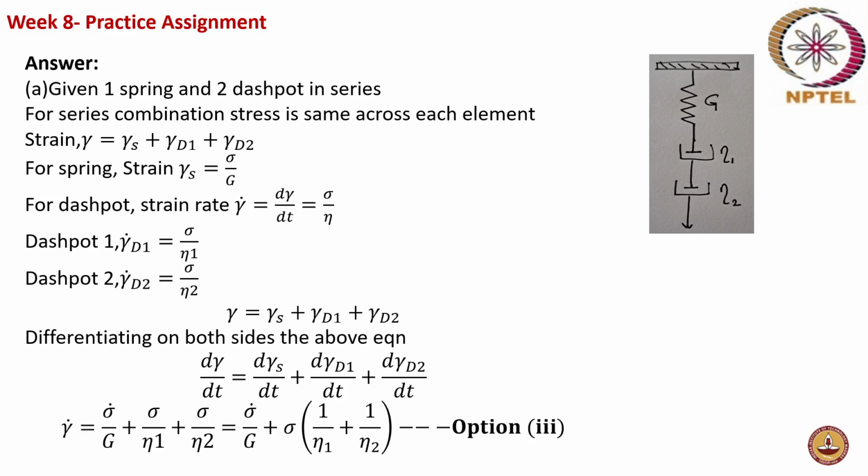Rearranging it, you get sigma dot by G plus sigma into (1 by eta 1 plus 1 by eta 2). This is the constitutive relation for this system, which is actually option 3 given in the question. Are you able to understand? Yes, ma'am. Okay, now let's proceed to part B of the question.